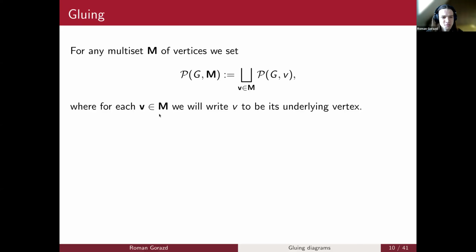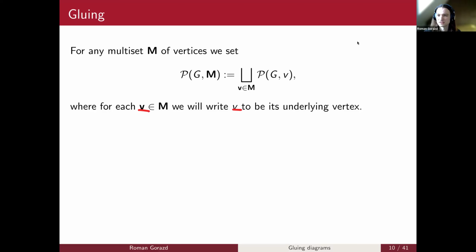So what I do is I write multisets bolded, and the elements of them I also write bolded, and the underlying vertex or the underlying element I write unbolded here, right?